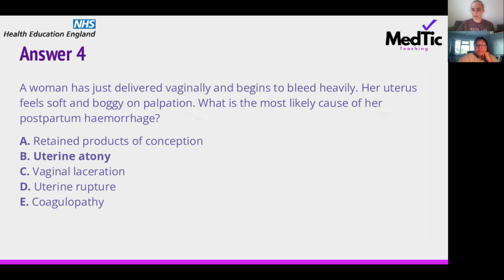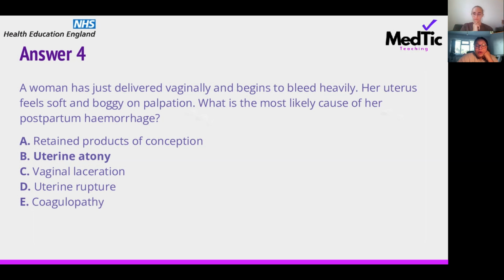Vaginal laceration causes bleeding with a firm, contracted uterus, so think trauma rather than atony. Uterine rupture is rare and usually occurs in women who have had previous cesarean sections.